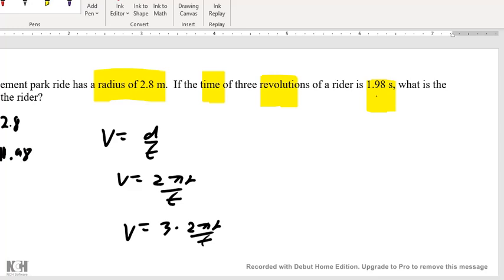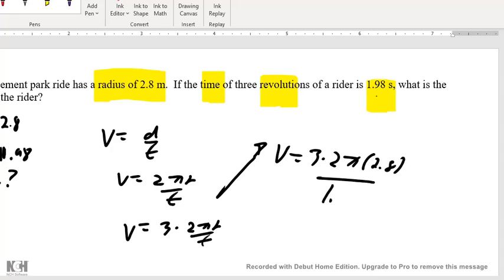Velocity's got to be faster: 1 revolution in 3 seconds, 3 revolutions in a certain amount of time. We're good to go. What are we looking for? Speed. Come over here. Plug in your numbers. V equals 3 times 2 pi times the radius, 2.8, divided by my time, which is 1.98. That answer is correct. All you gotta do now is put it in the handy dandy calculator.